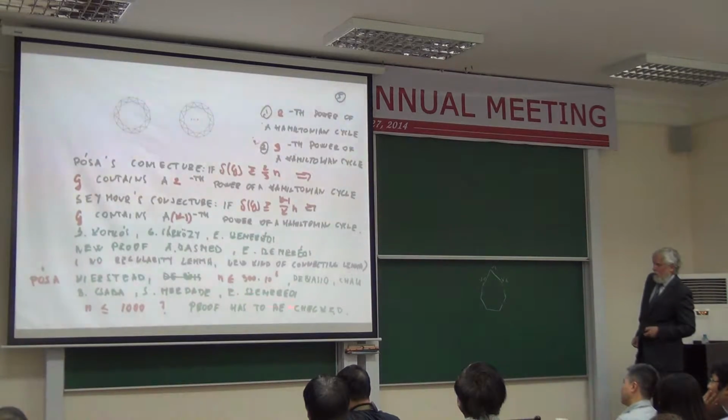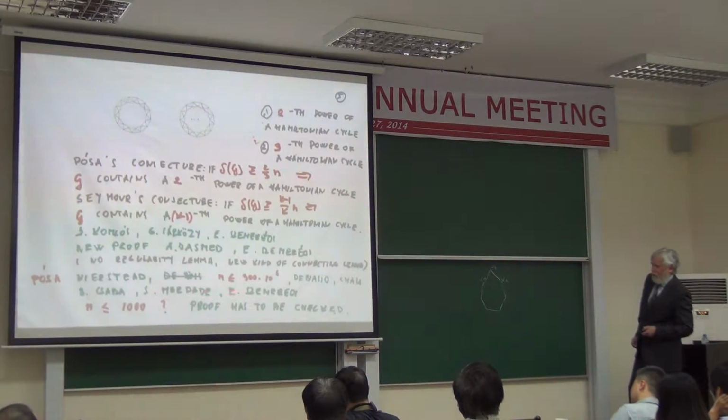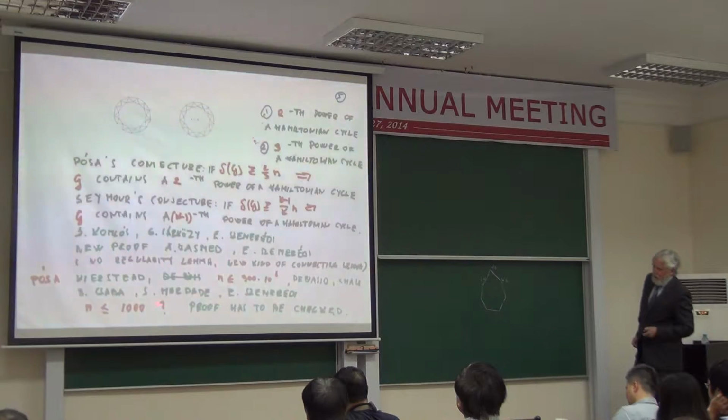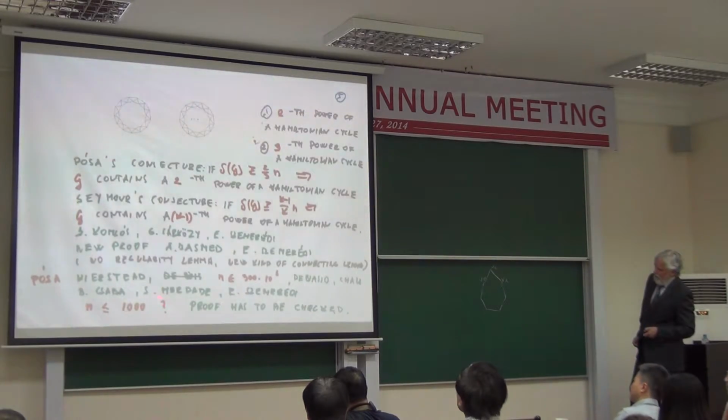But of course there are smaller countries, so now with Béla Csaba and two other of my students, we proved, you see here there is a question mark, that n is less than 1000. So you really don't have to always concentrate on the US, you can do something else.